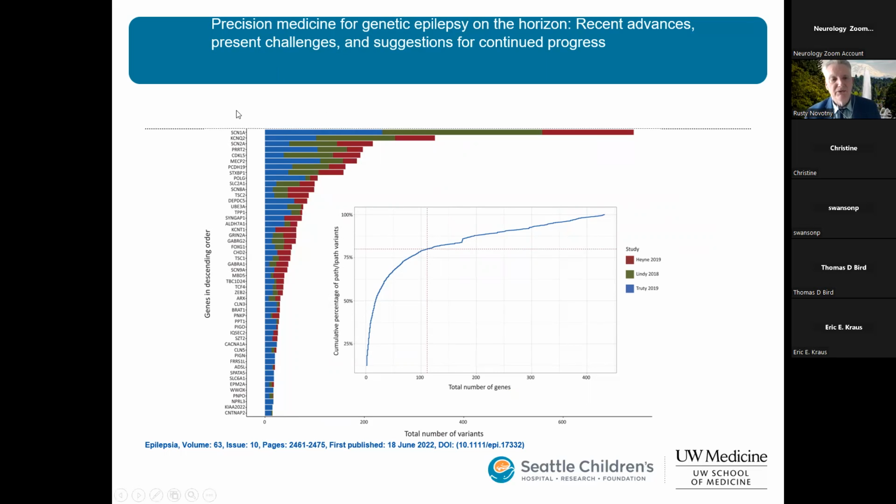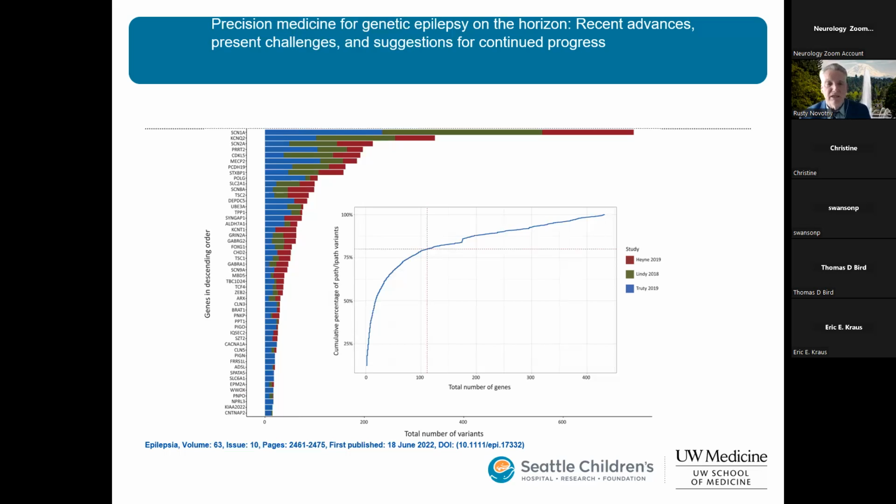You can't read it obviously, but the most common cause of epilepsy in these 25,000 patients was SCN1A. And the top 5 are ion channel disorders. So SCN1A, KCNQ2, and SCN2A are the top 3 channelopathies that cause epilepsy in this large population of 25,000 people with what was felt to be genetic epilepsies.